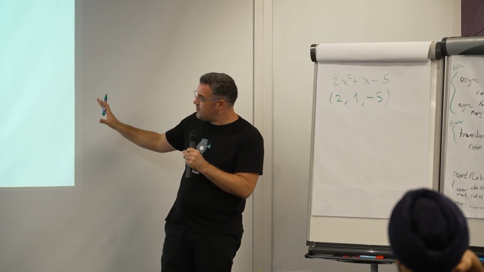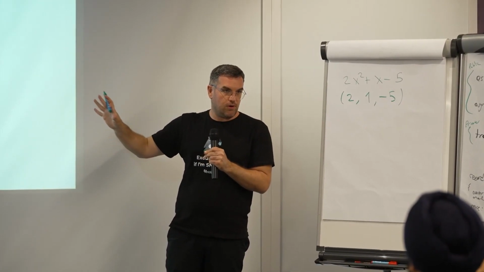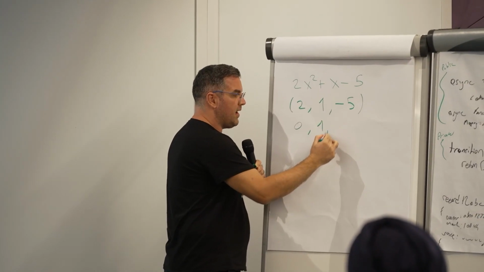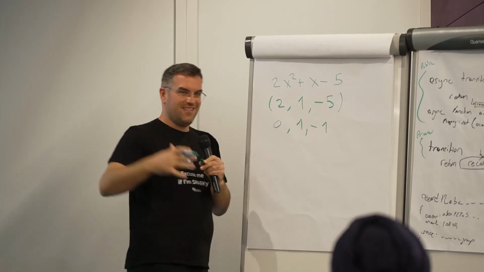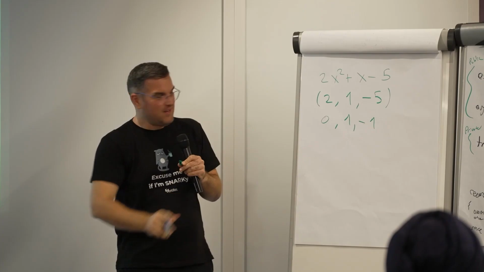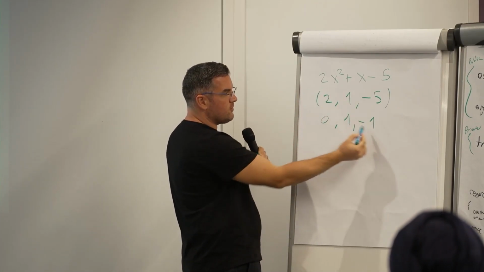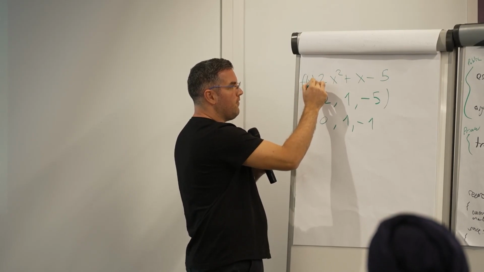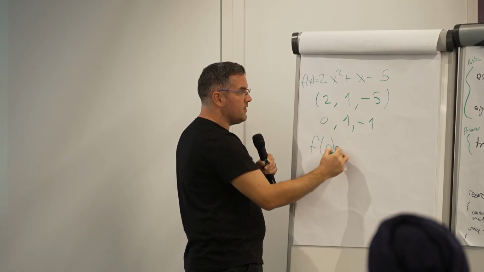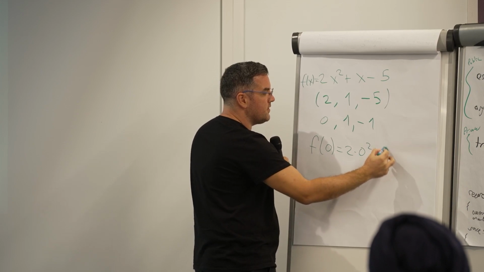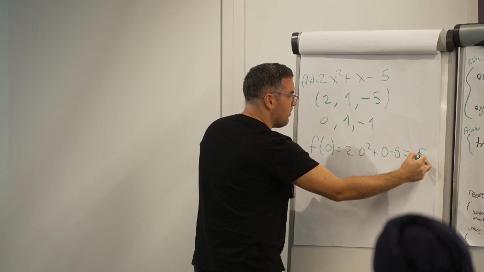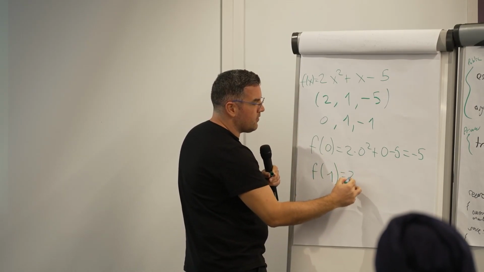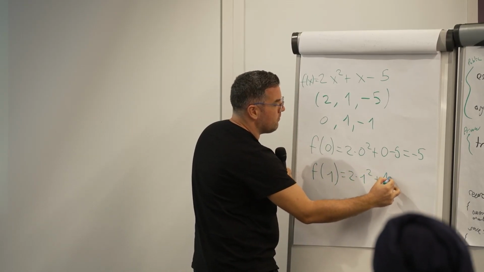If you want the evaluation form, you have to fix evaluation points. Those are predetermined. You could just take 0, 1, and minus 1. We don't want to evaluate big things, at least not on the whiteboard. You substitute those values into the polynomial. If this is your polynomial f of x, then f of 0 is equal to 2 times 0 squared plus 0 minus 5, which gives minus 5. For 1, you get 2 times 1 squared plus 1 minus 5.